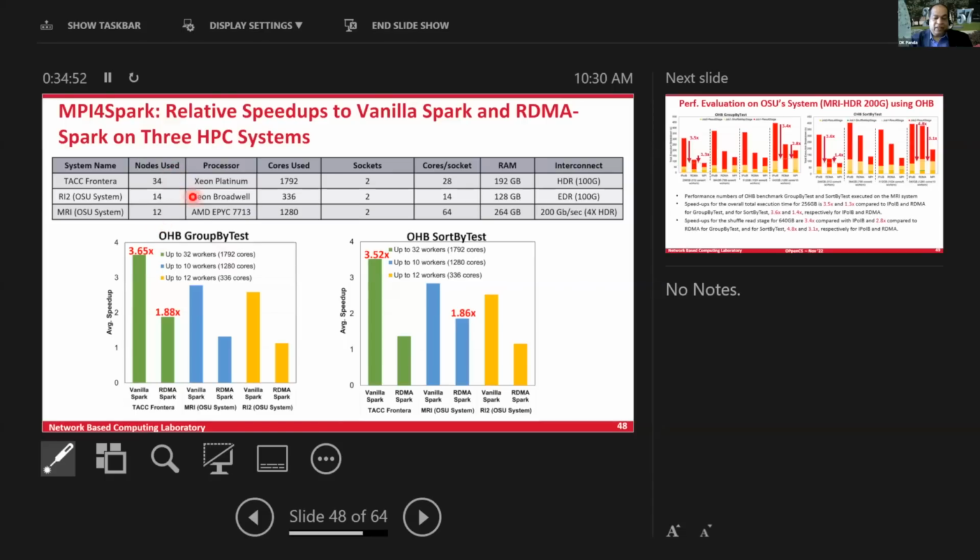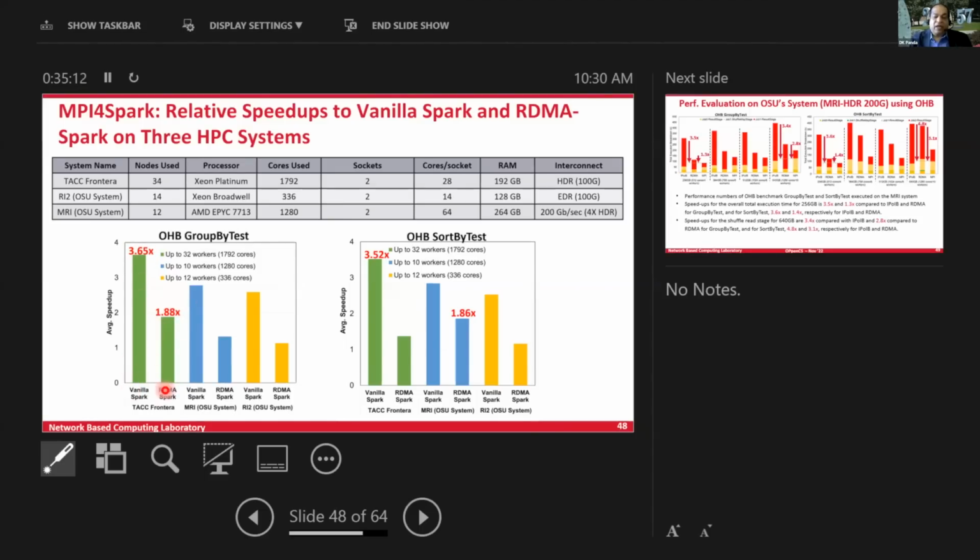So these are the different systems. These are some of the micro-benchmarks. We have the Ohio HiBD micro-benchmarks, called OHB. So here you'll see this vanilla Spark. We are trying to show improvement compared to those. Compared to the standard Spark, of course, it will improve.